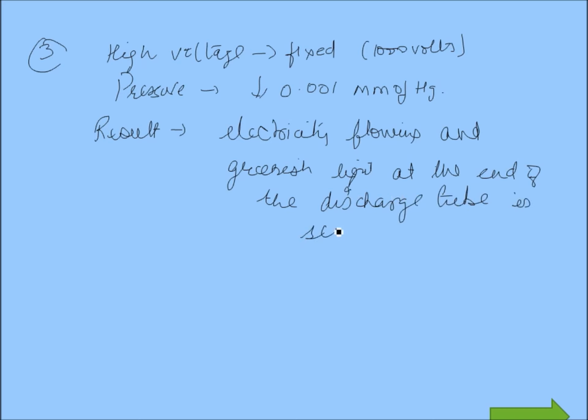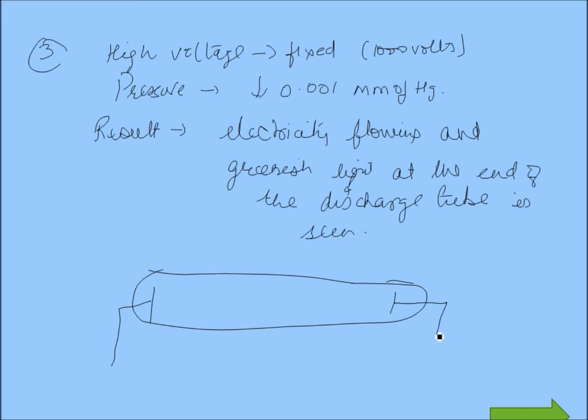Let's make this a discharge tube. This is a cathode, the negative one. This is the anode, the positive one.